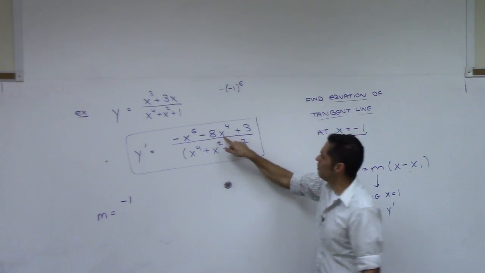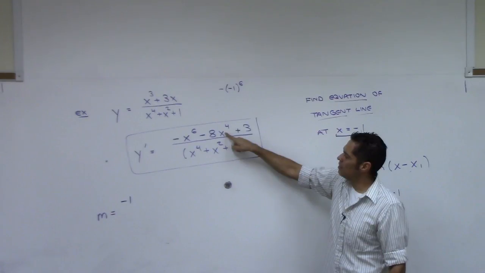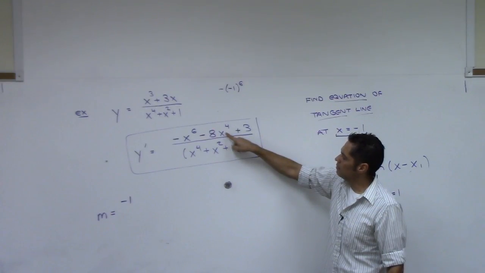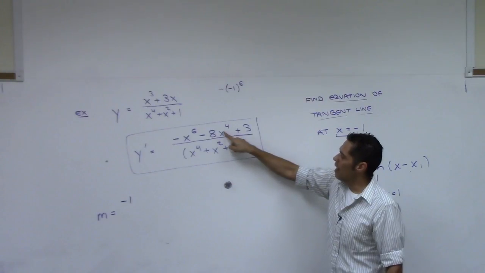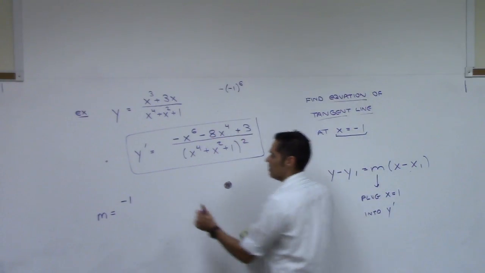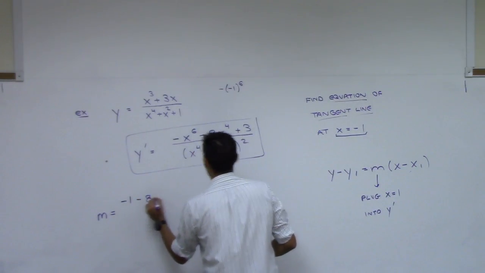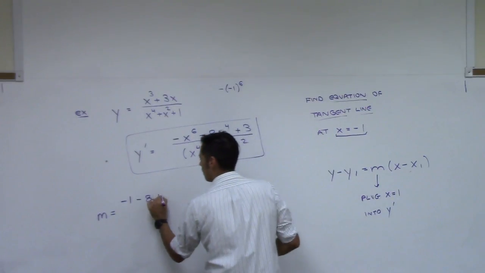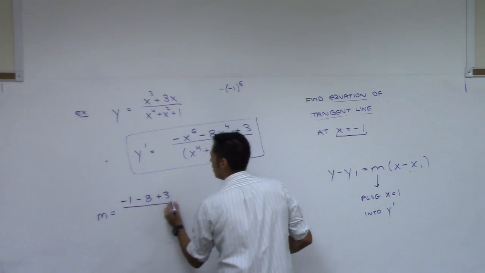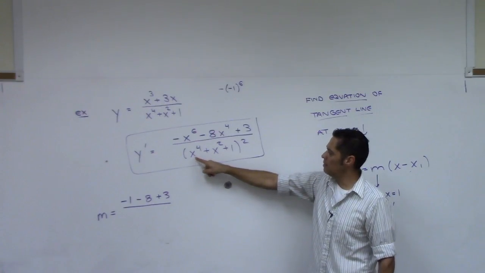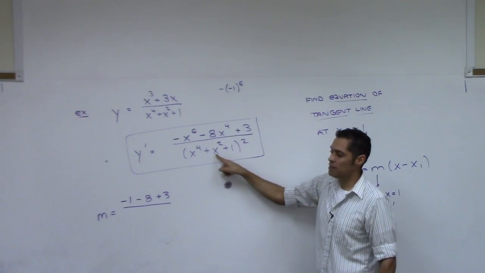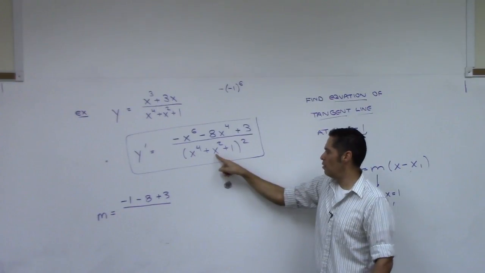And then here, when we plug in -1 for this, we get -1 cubed, that's -1, positive, it becomes +1, and then times -8. So we have -8, and then +3, all over. Now, -1 to the 4th is 1, plus -1 squared is 1, and then 1.